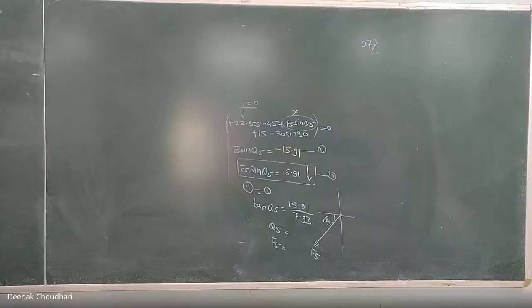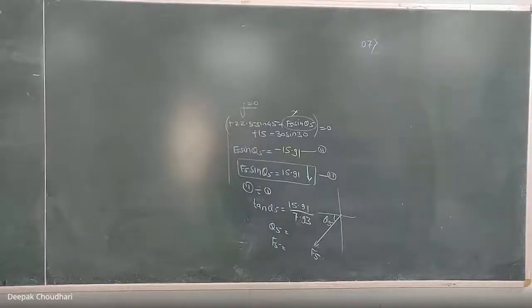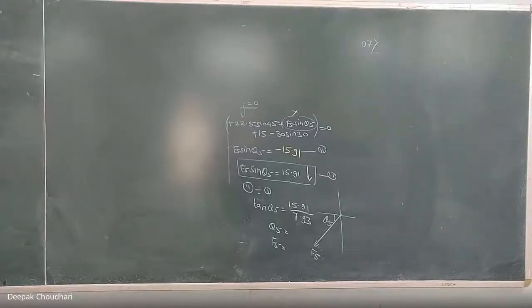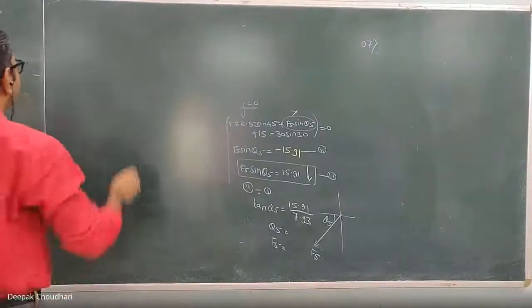Yes, sir. How much did you get for F5? 17.78. And theta 5? 63.51. Okay. Very good. Now next sum, sum number 7.